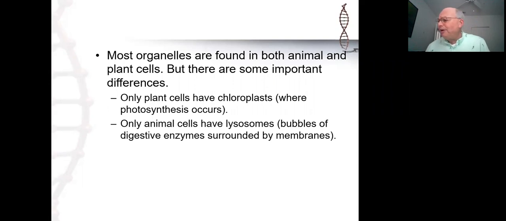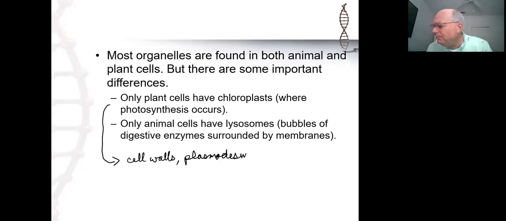So what other structural features might we expect to find that are unique to plant cells? Because this is something that we need to know. Plant cells also have cell walls. And those cell walls contain holes called plasmodesmata that allow plant cells to communicate with each other.